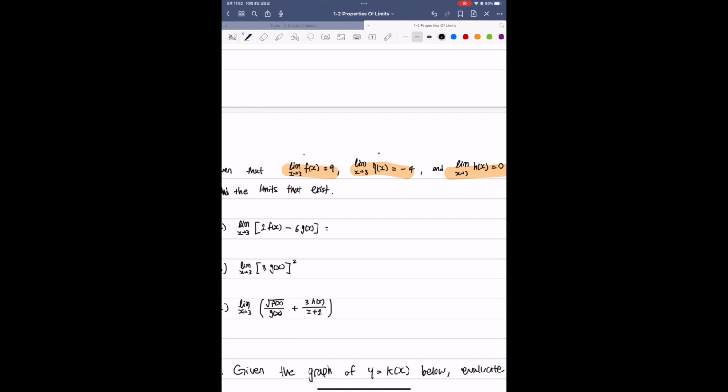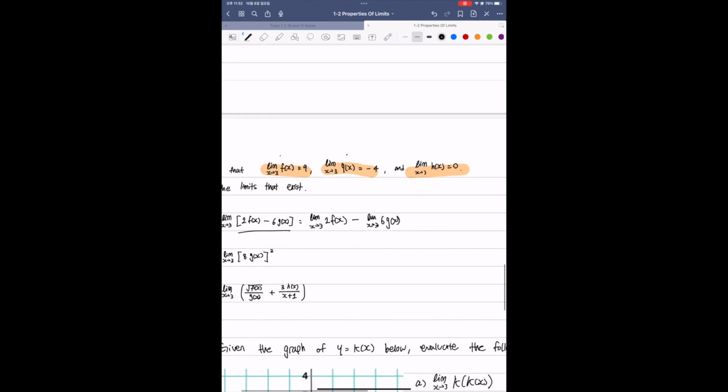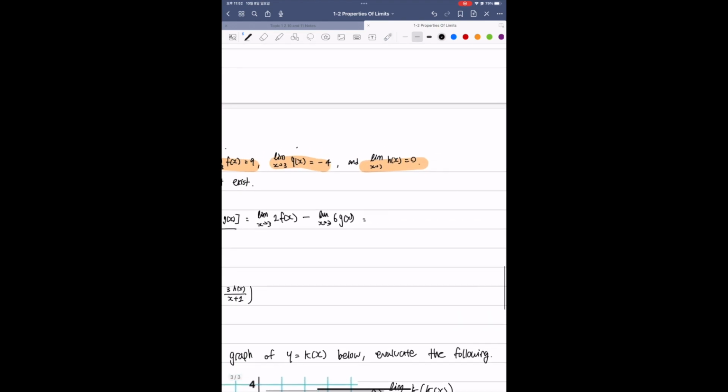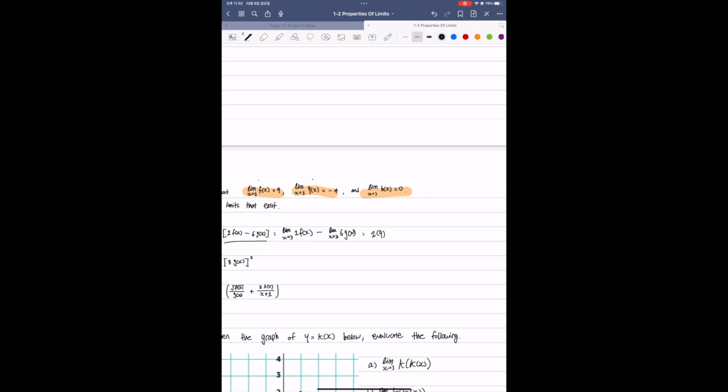Therefore, we know that the limit as x goes towards 3 of this function equals the limit as x goes towards 3 of 2f(x) subtracted by the limit of 6g(x), which equals 2 times 9 minus 6 times -4, which is 18 minus -24.